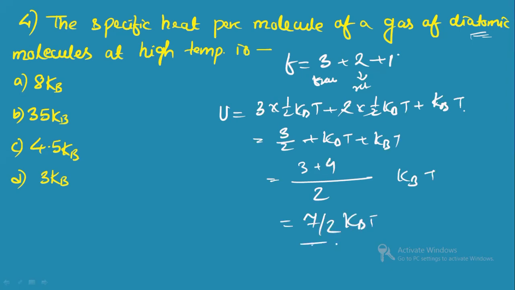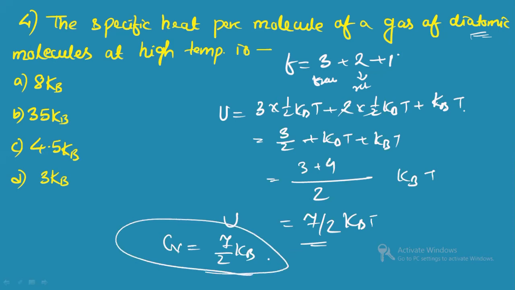So this is the value of U. Now you have to calculate CV, so you just differentiate U with respect to temperature. You will get 7 by 2 kB, which means 3.5 kB. So the correct option is option B. Is it clear to you?